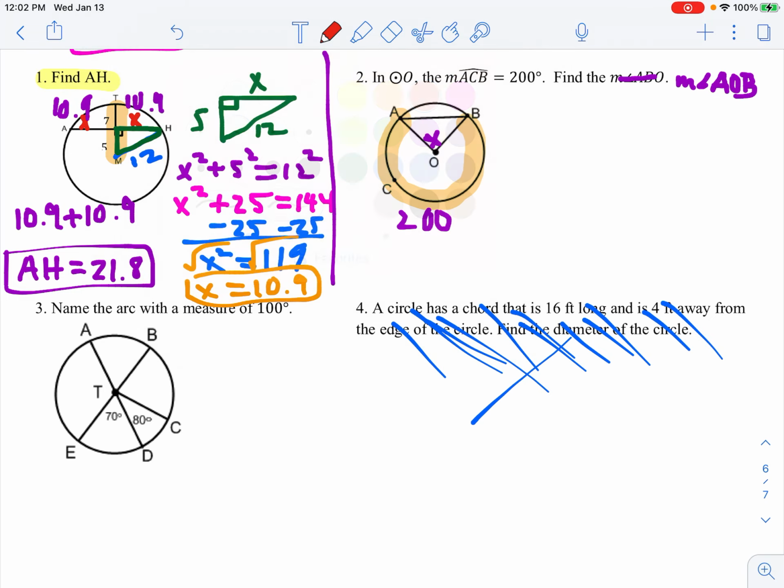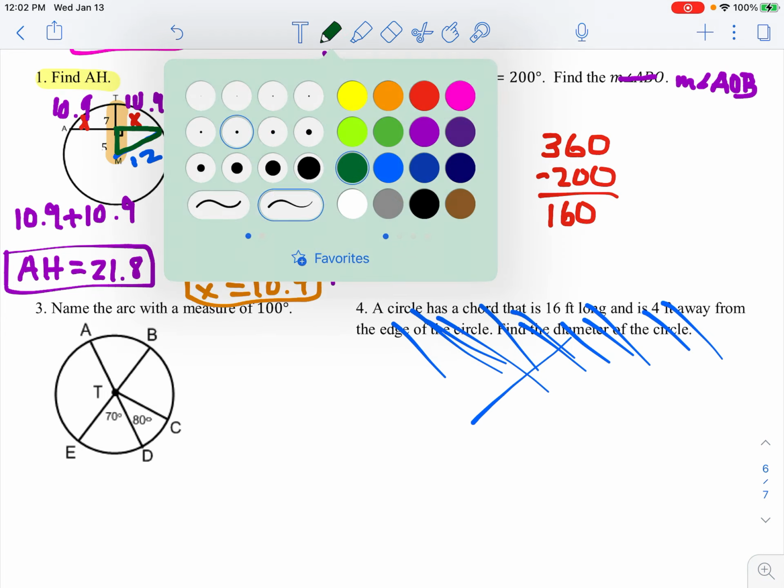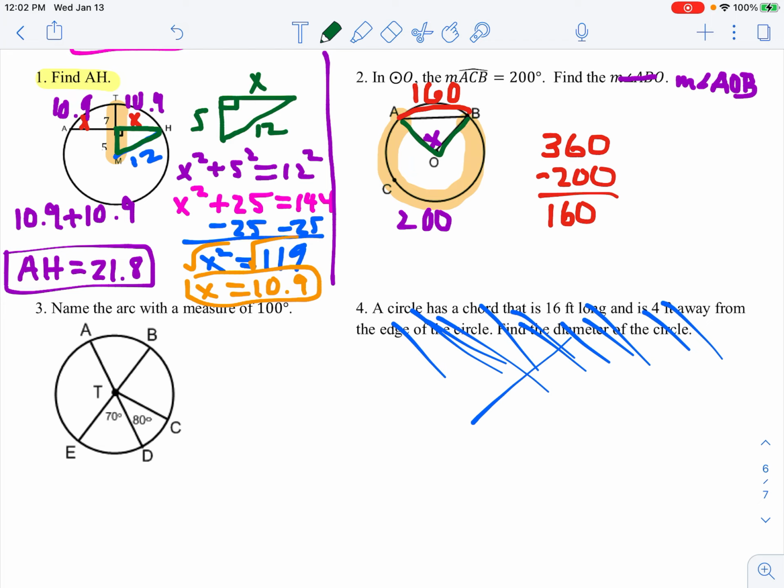We know that the whole circle should add up to 360, so 360 minus 200 will tell us how much is left on the top of this circle. It tells us that there's 160 left. Well, if this arc from A to B is 160, that means the angle that is formed on the inside between those two lines should be the same as the arc that it points to.